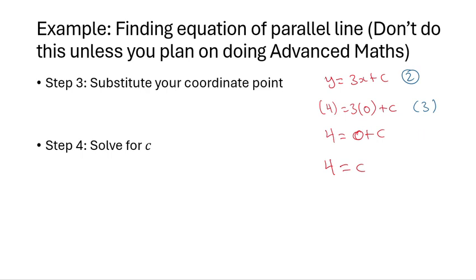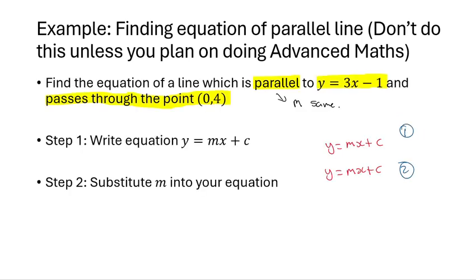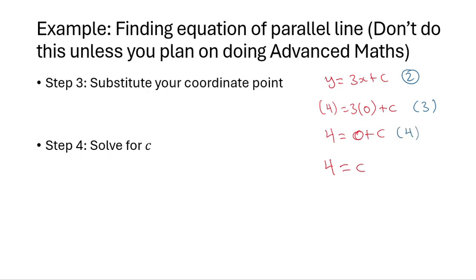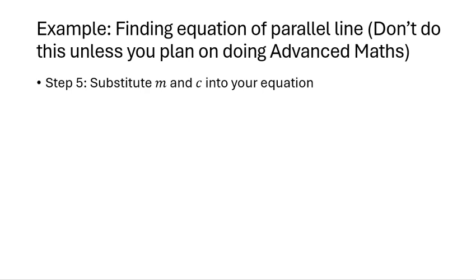Another way of writing this, you can rewrite it as c equals 4, just to make your life easier to read. And then step 5 says substitute m and c into your equation. So y equals 3x plus 4. There we go, and that's how you would do it. You can see how it correlates to chapter 4G, and this will definitely help you in the long run. Okay.